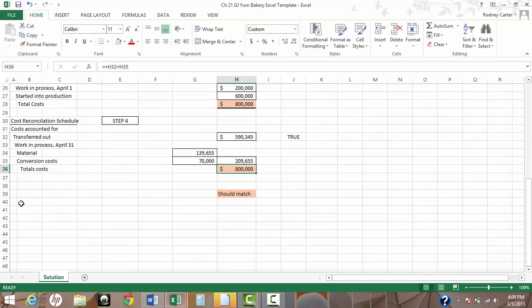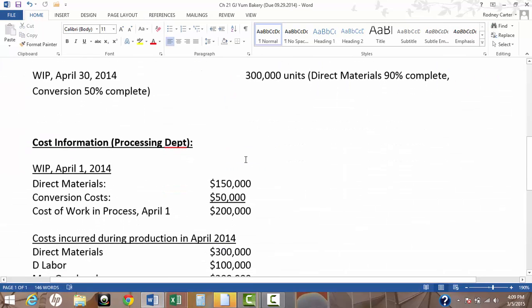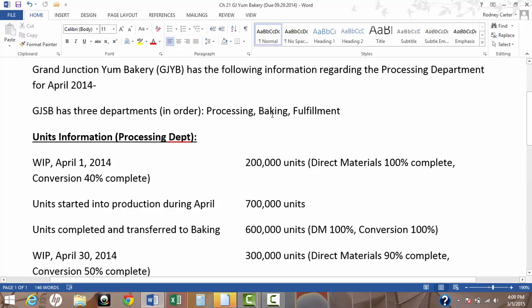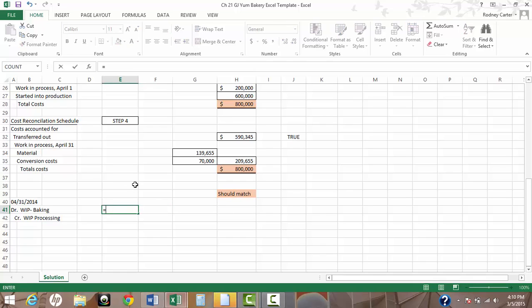Now, we get to our journal entry. We are going to move these dollars from the processing department to the baking department. So I'm going to put my journal entry as 04/31/2014. I'm going to debit WIP baking, and I'm going to credit WIP processing because I've transferred dollars to a new WIP department for these completed units. Now, the debit is the 59345.